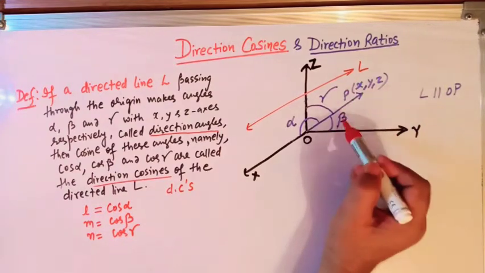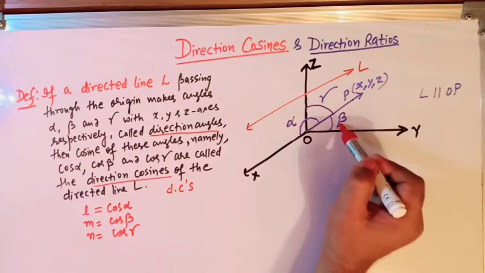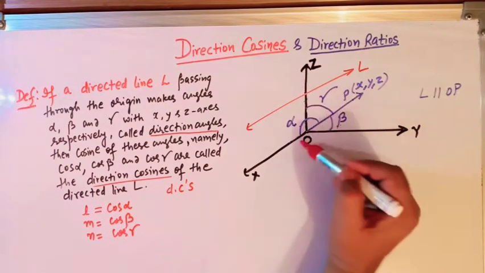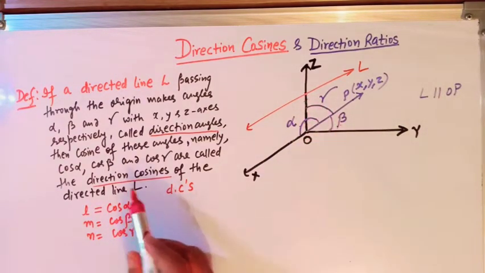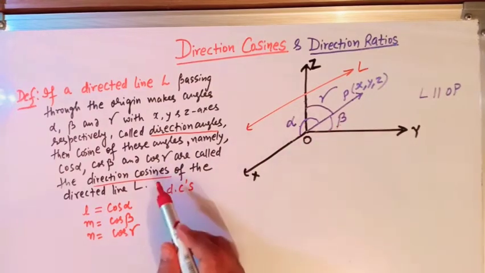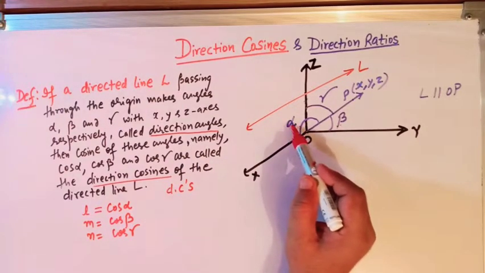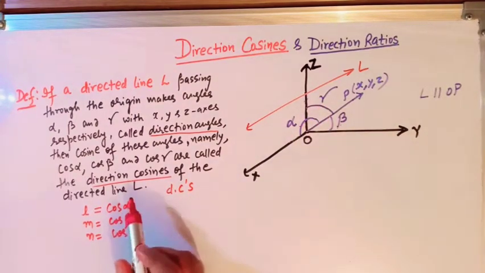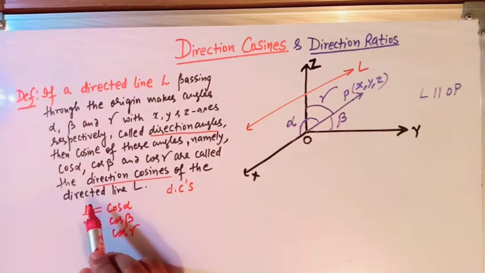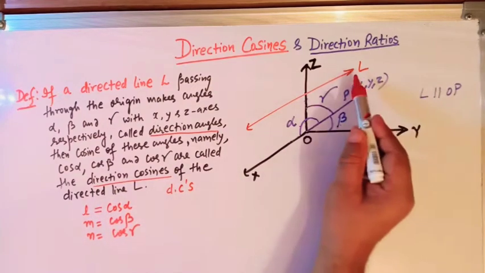So this line makes angles alpha, beta and gamma with the positive direction of these axes, right? And the cosines of these angles, that is cos alpha, cos beta and cos gamma, are called the direction cosines of the directed line L, right?